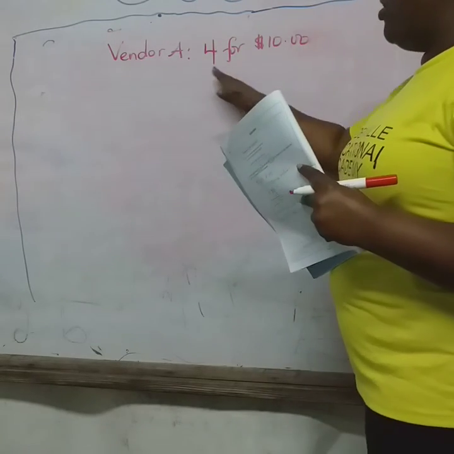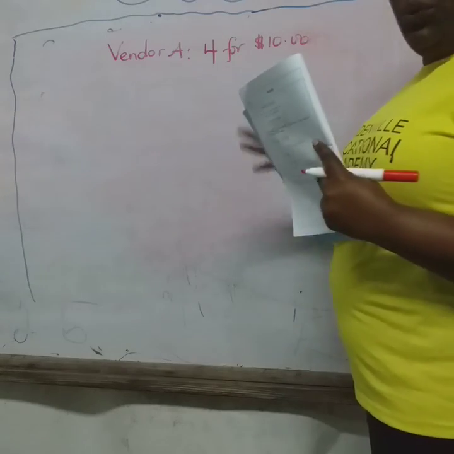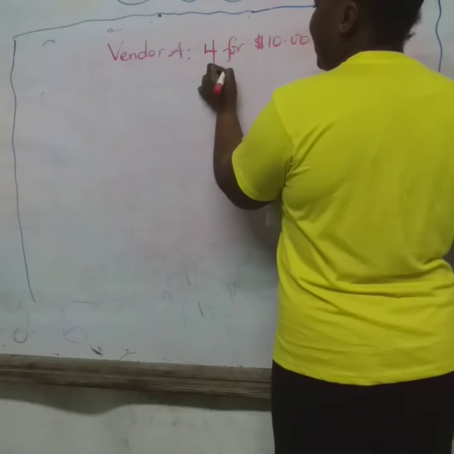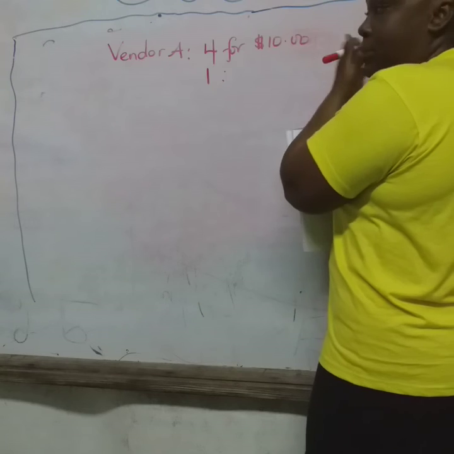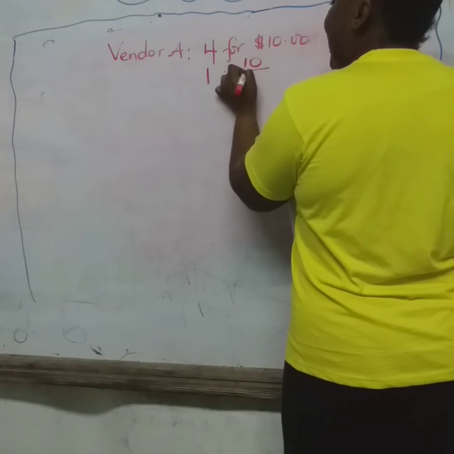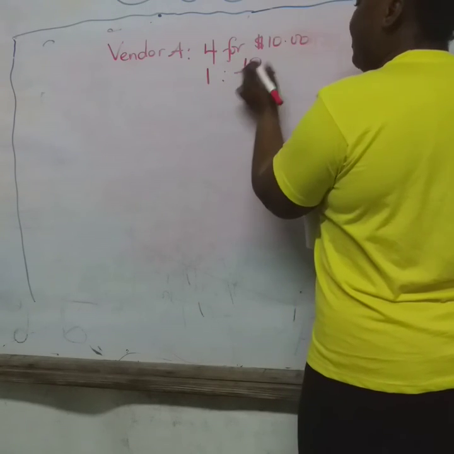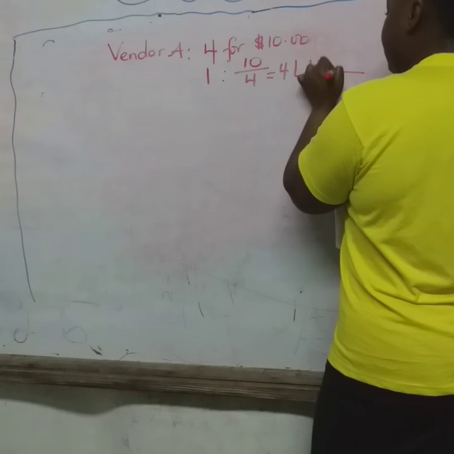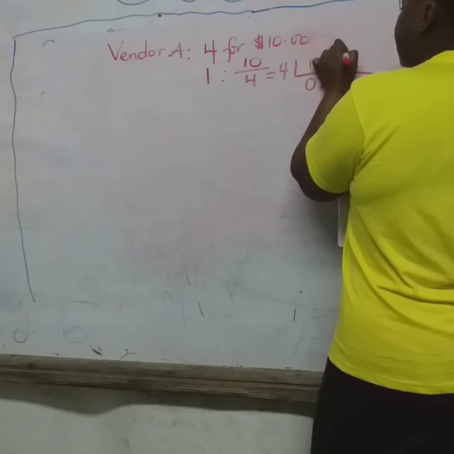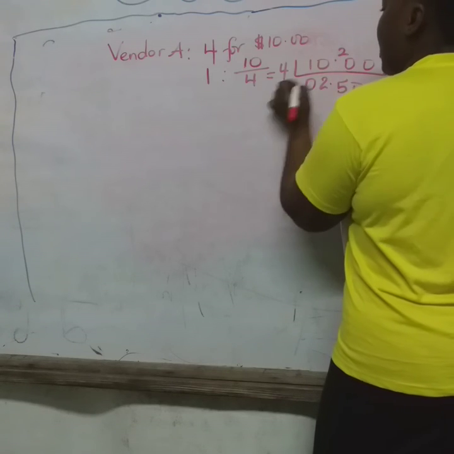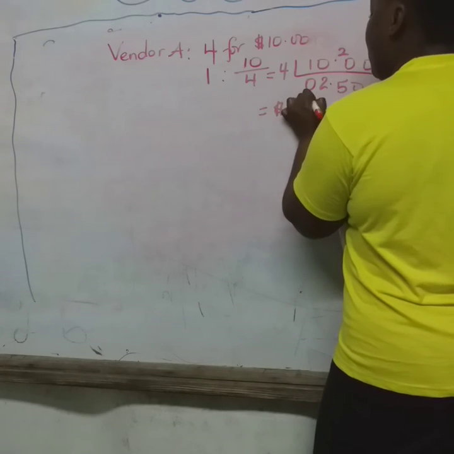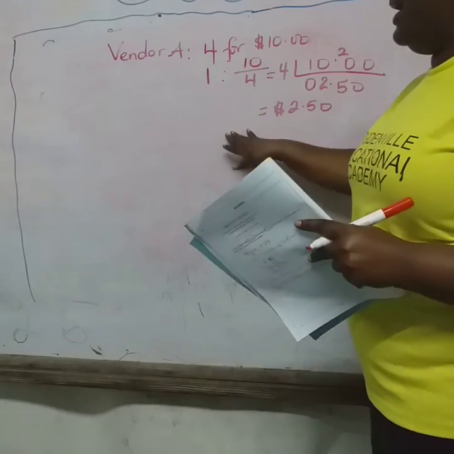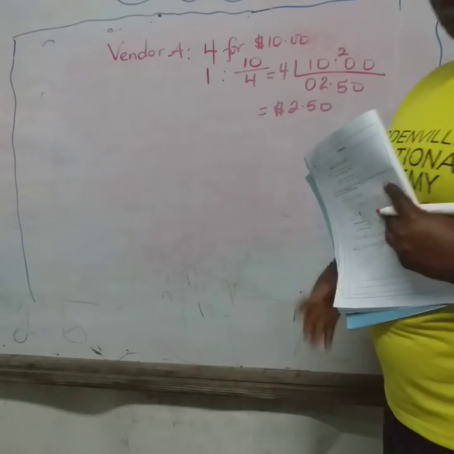So we can find for one mango. We will divide by 4. $10 divided by 4. So that means one mango from vendor A costs $2.50.